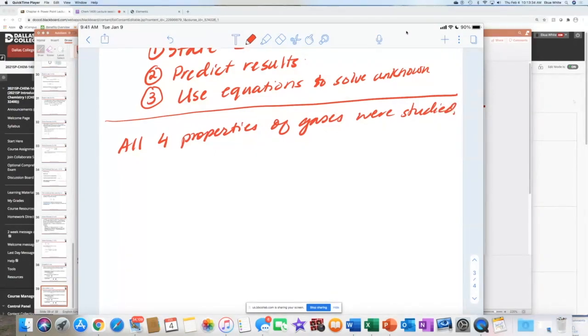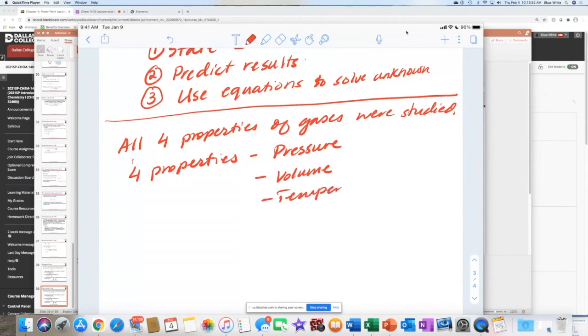So when we're looking at Charles' law, we are actually looking at four properties and measurements. These are pressure, volume, temperature, and moles.